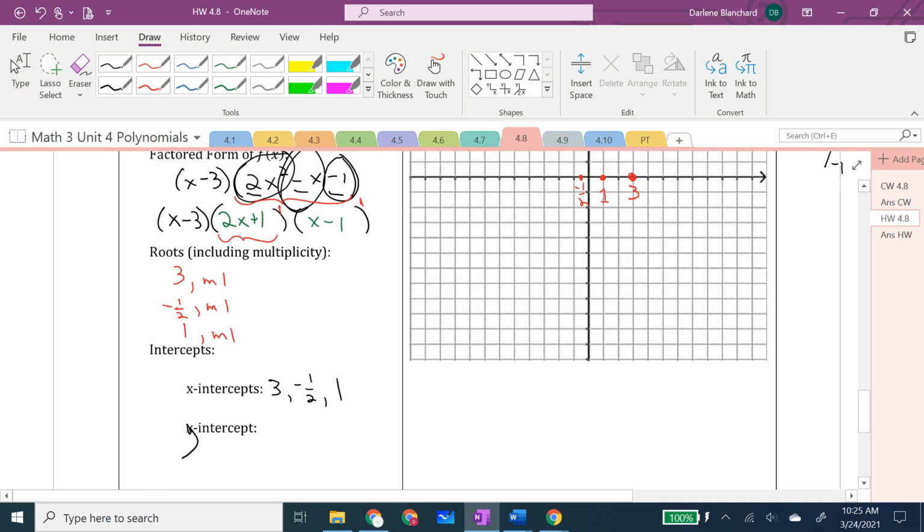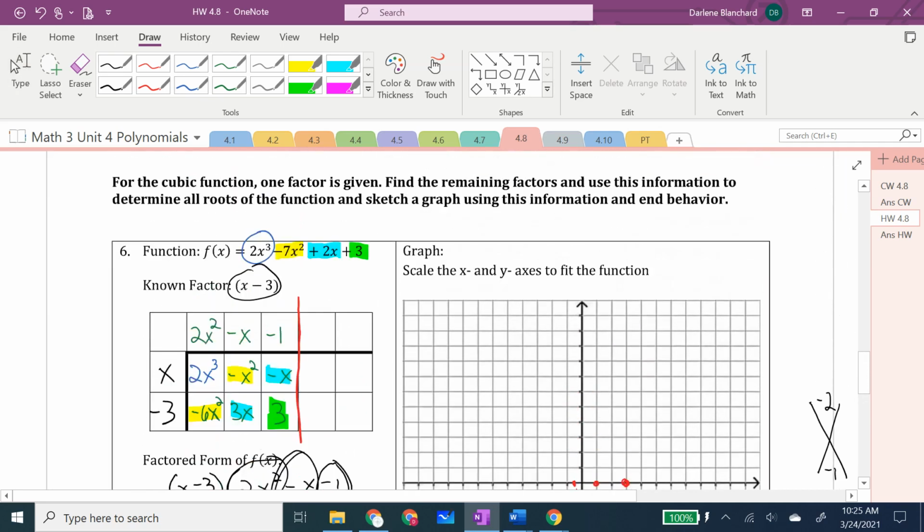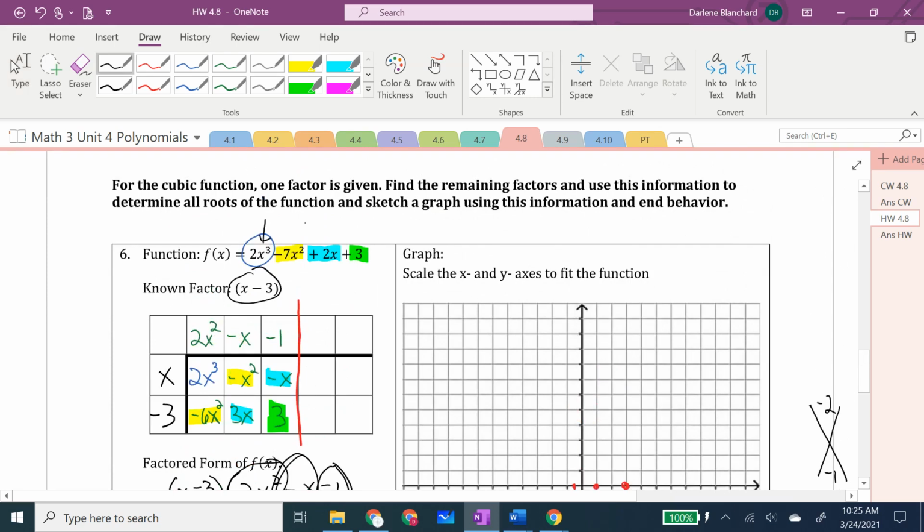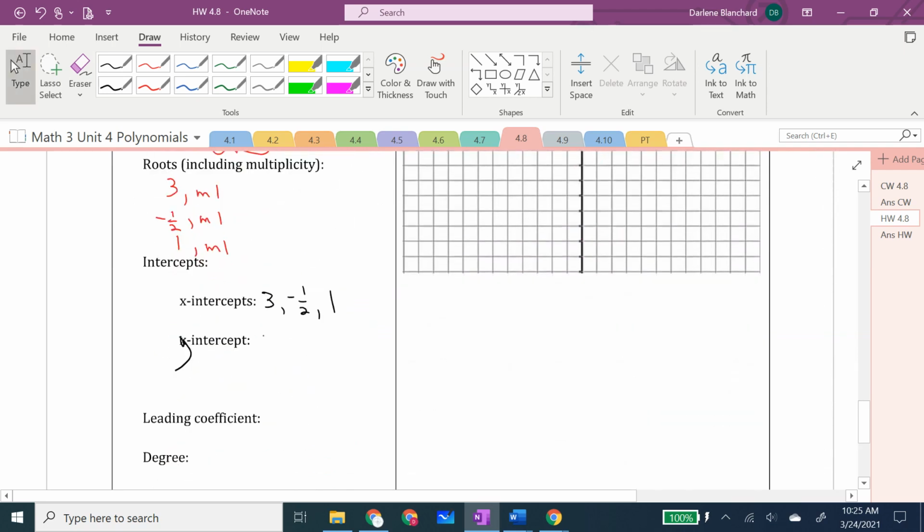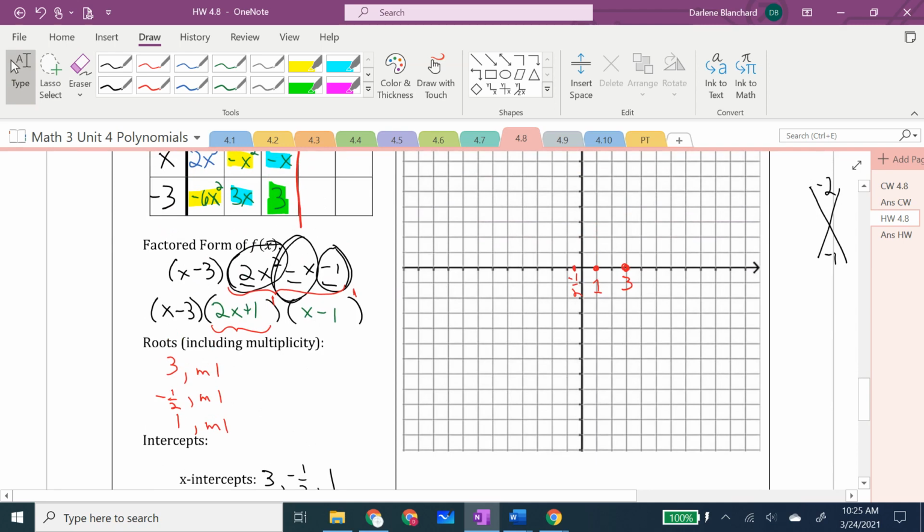The y-intercept is when I plug 0 into all of my x's, and this is easiest in the expanded form. I can see that 3 is my y-intercept. So I'm going to plot that point as well.